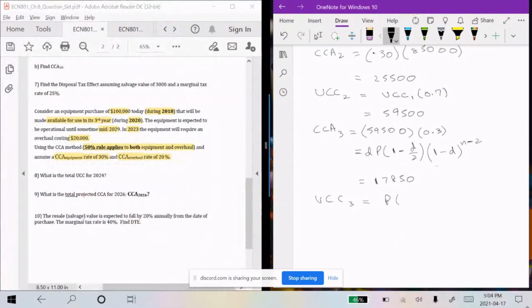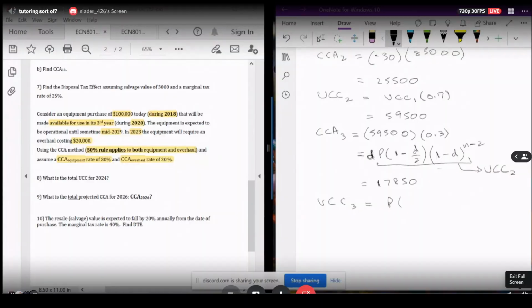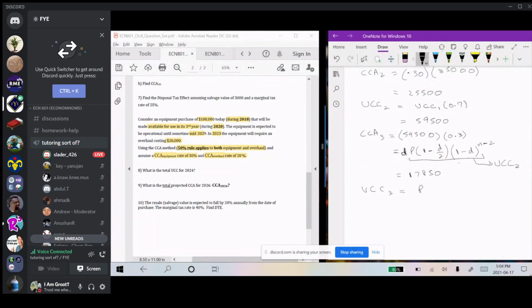So the thing is, this part gives you the 59,500 because this is the previous UCC value. So this is the UCC 2, and it's being multiplied by the D, that is the 0.3. Thus, you get the CCA 3. So for UCC 3, what you do is, again, P into 0.85 in the first period, and then 0.3 and then 0.3.